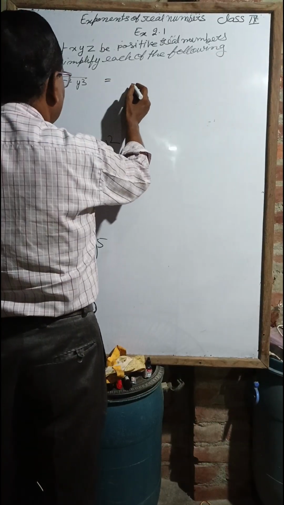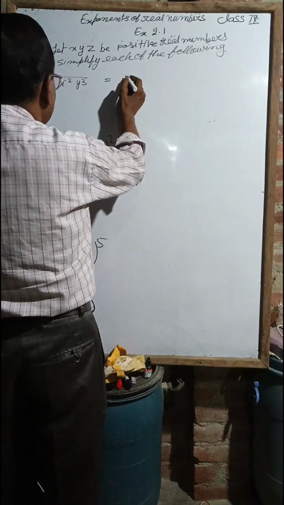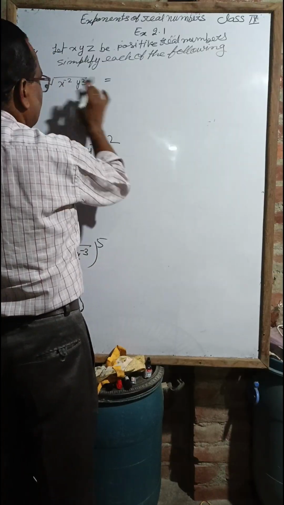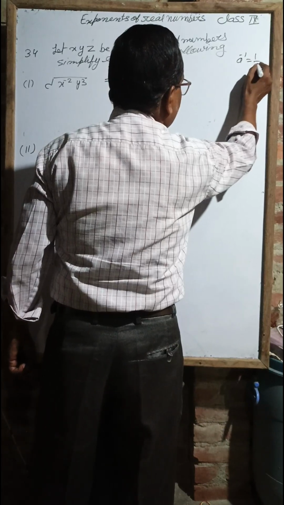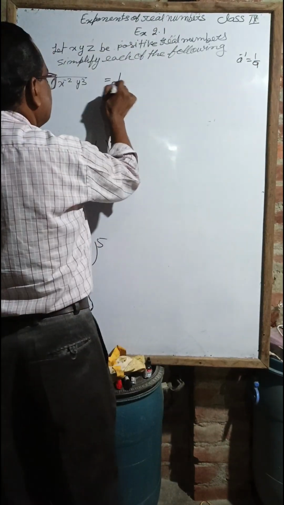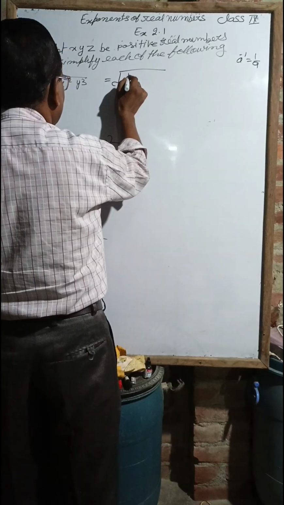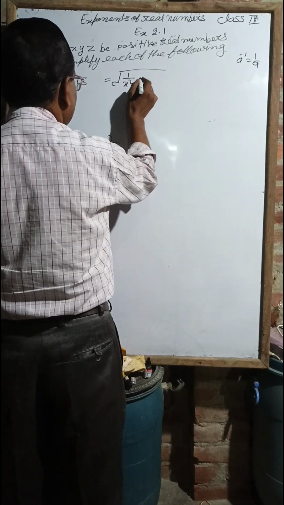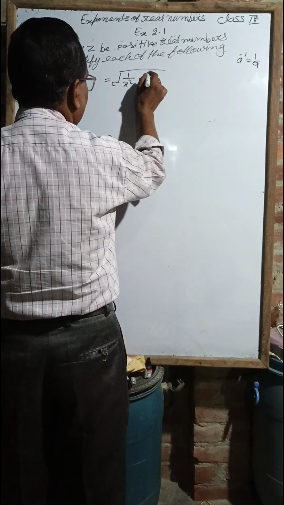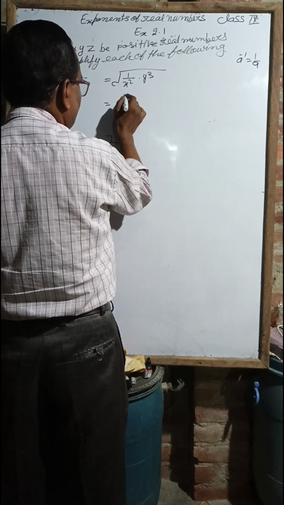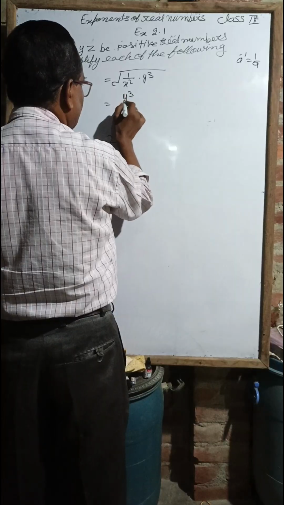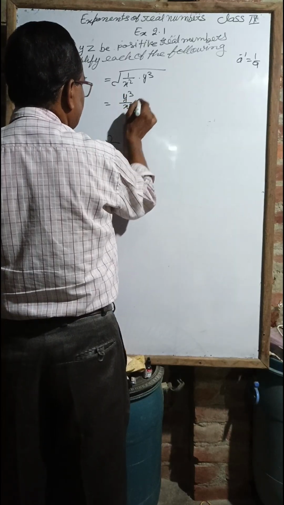And third part, square root of x raised to the power minus 3, whole to the power 5.